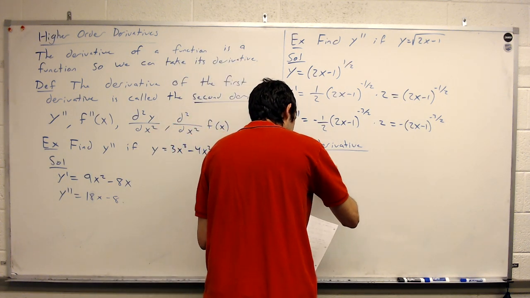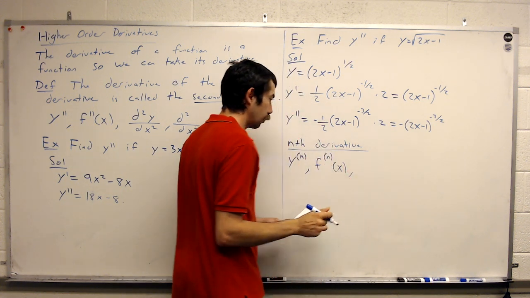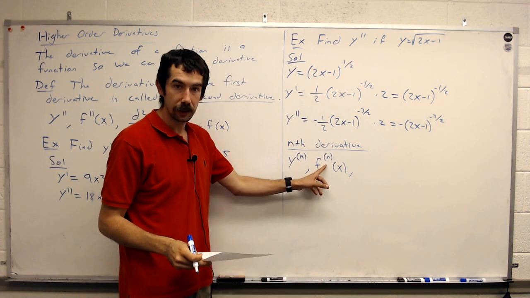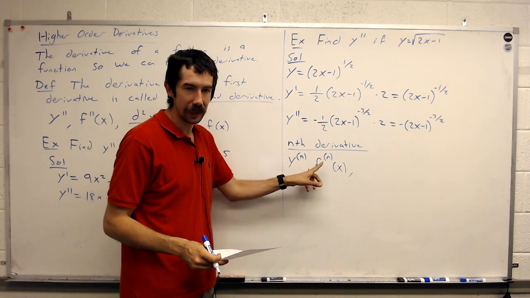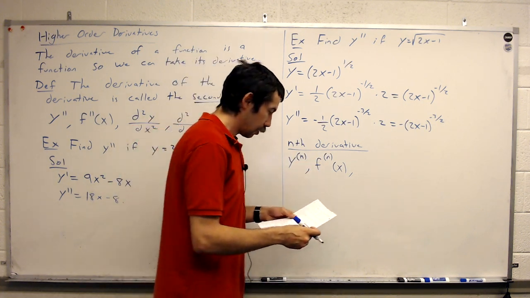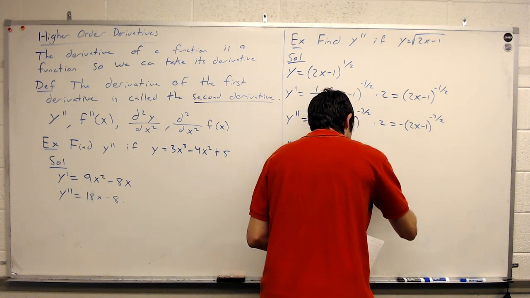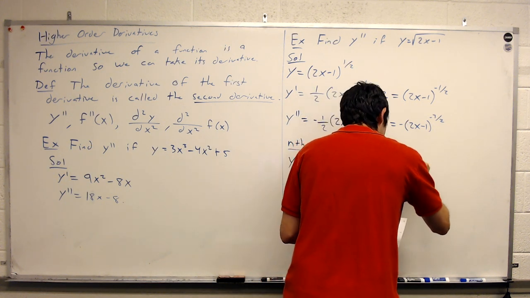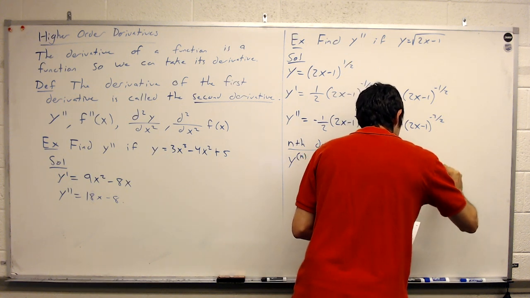All right, similarly, we write f, and then, again, it looks like an exponent, parentheses n, that tells us the nth derivative. Or we could write d^n y over dx^n, or we could write d^n over dx^n f of x.